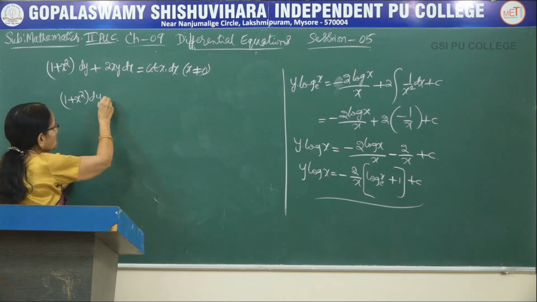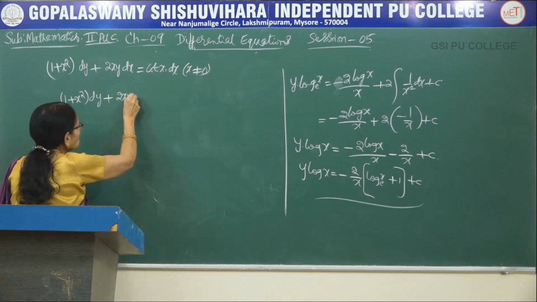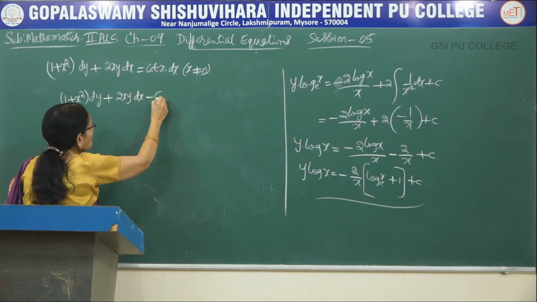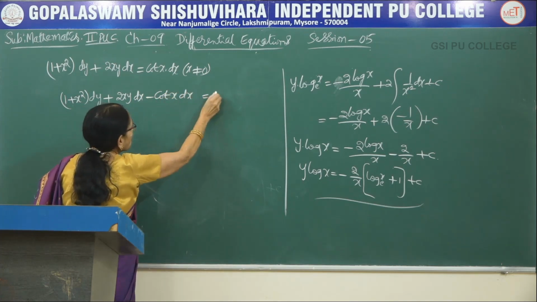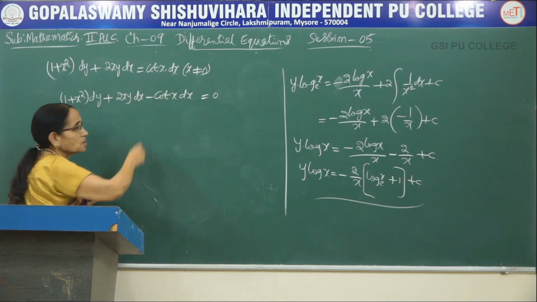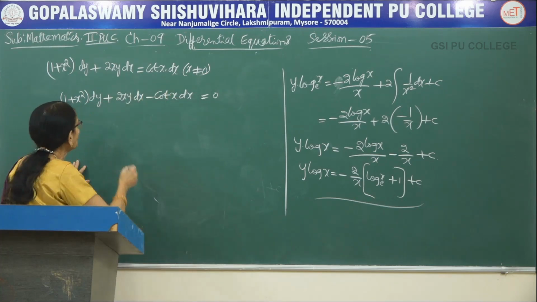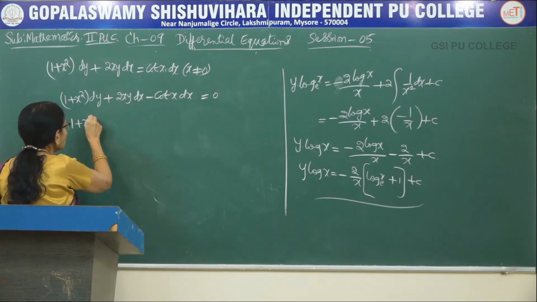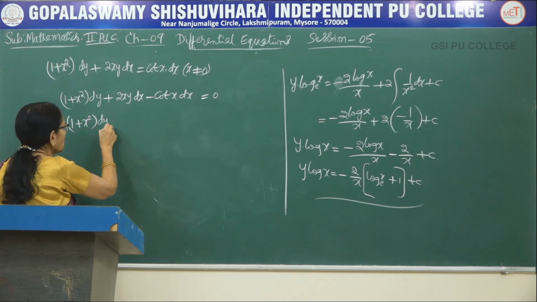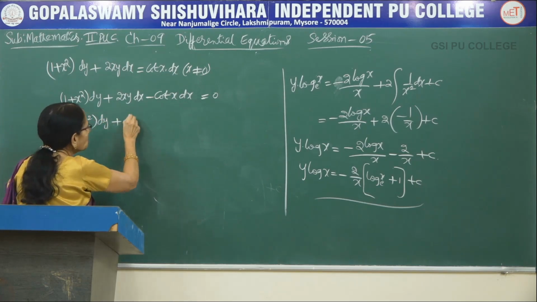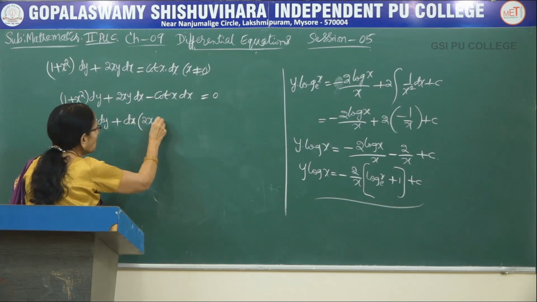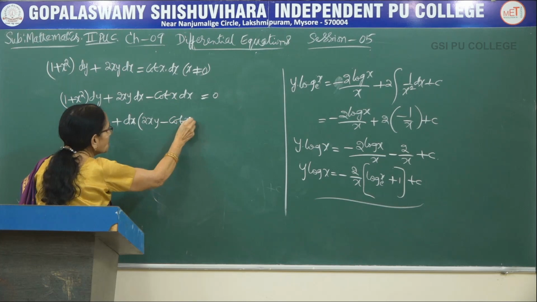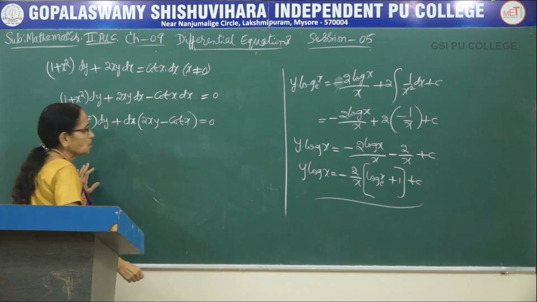(1 plus x square) dy plus 2xy dx minus cot x dx, that is equal to 0, or you can take this also to the right hand side. Now it is (1 plus x square) dy plus, take out dx as common factor. What is remaining now? 2xy minus cot x equal to 0.